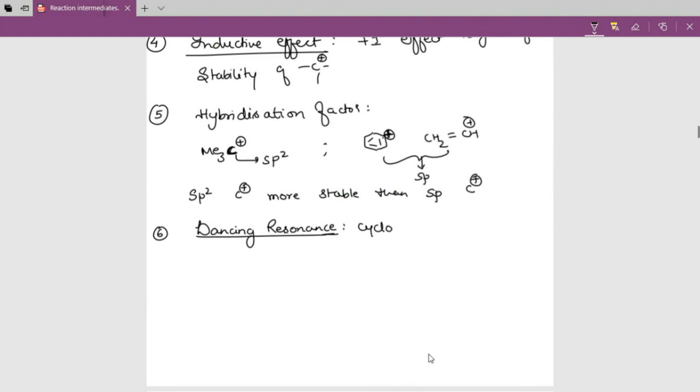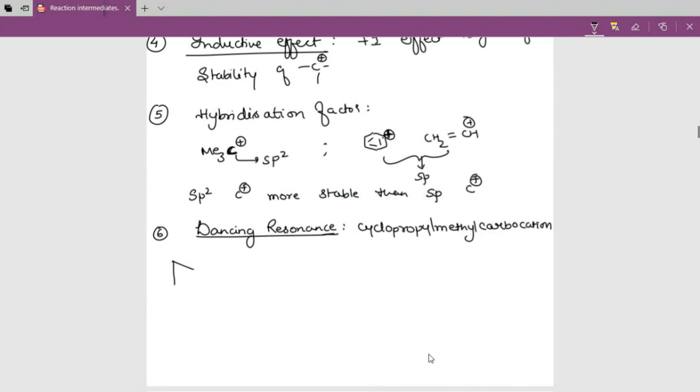It is in the cyclopropyl methyl carbocation. Okay, it is present particularly in cyclopropyl methyl carbocation.